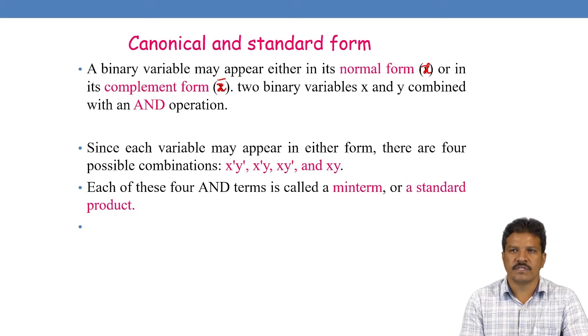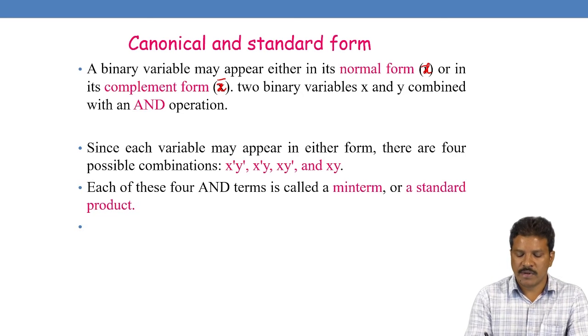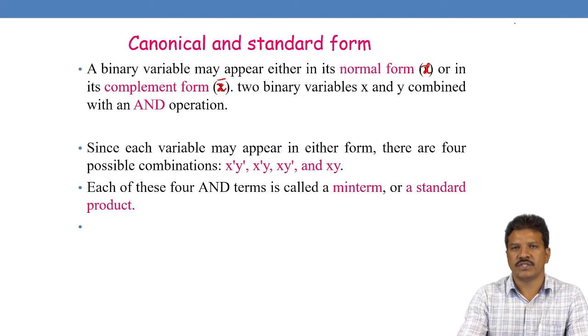And two binary variables, let us take x and y, combined with an AND operation. Since each variable may appear in either complemented or uncomplemented form, there are four possible combinations, which are x bar y bar, x bar y, x y bar, and x y.